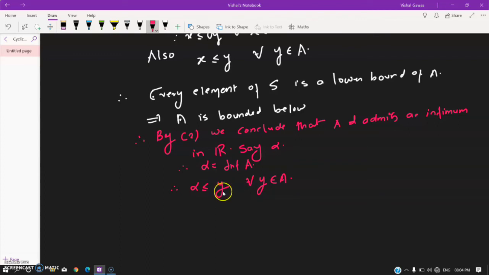That means every element of the set must be bigger than or equal to alpha.